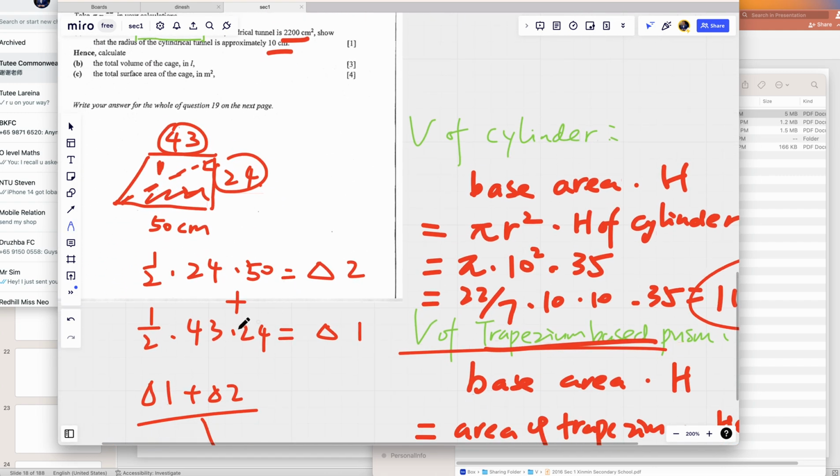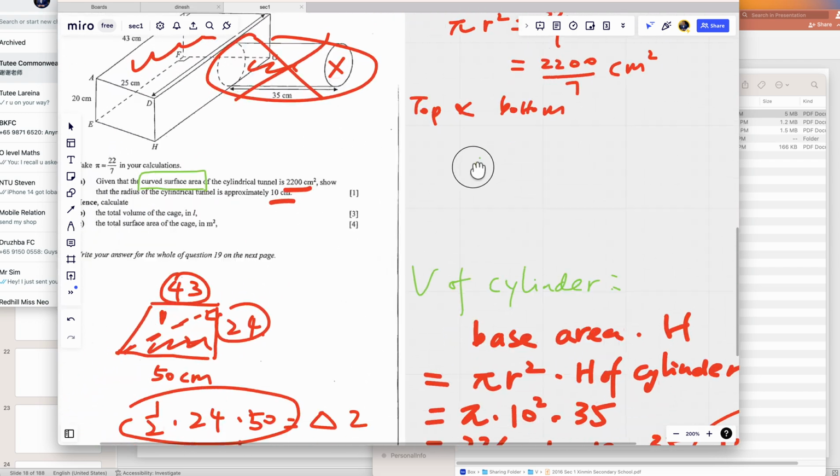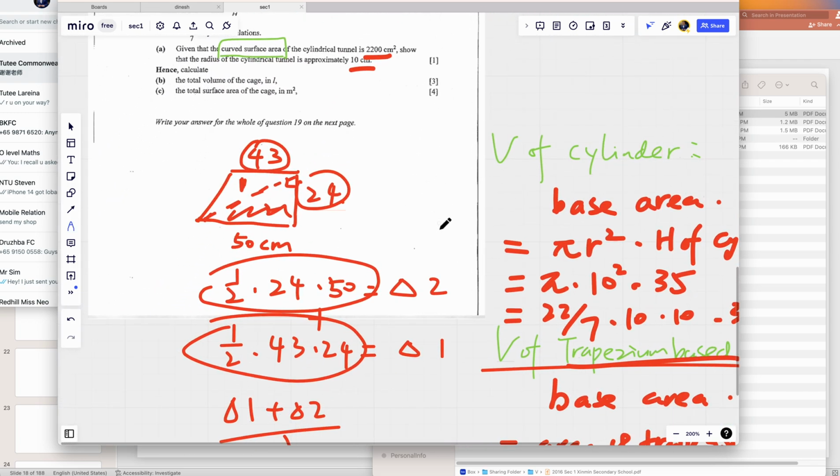Can you quickly help me use the calculator? Like this one plus this one. What is that? First one is 600. No, add up. I want the total. No need to split, because that will give me the entire area.